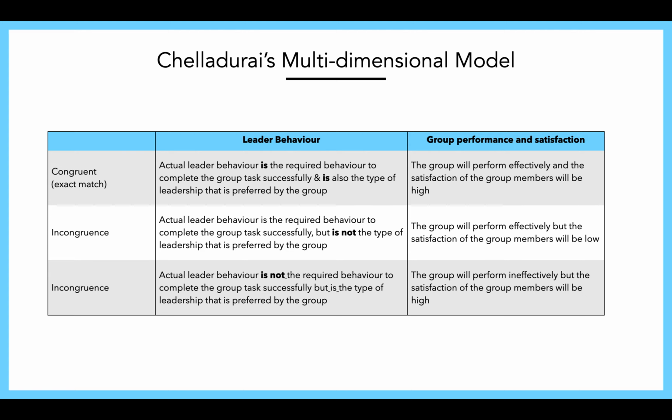Okay, and then on the flip side of that, in the final row, more incongruence. The actual leader behaviour is not the required behaviour to complete the task successfully, but is the type of leadership that is preferred by the group. So the group will perform ineffectively, but the satisfaction of the group members will be high.